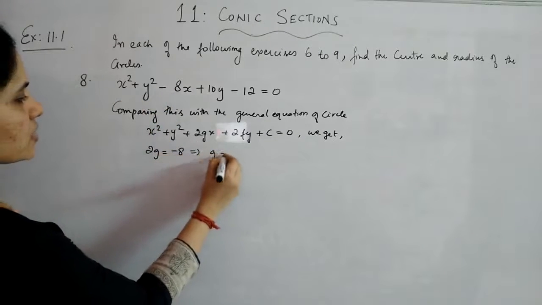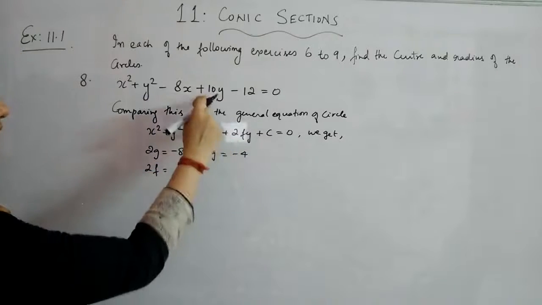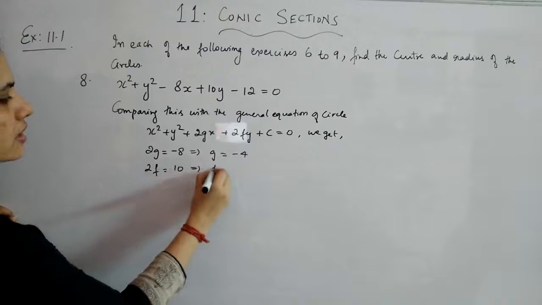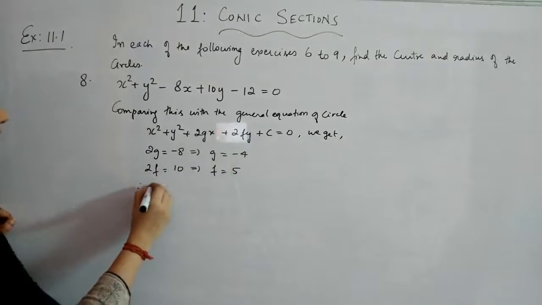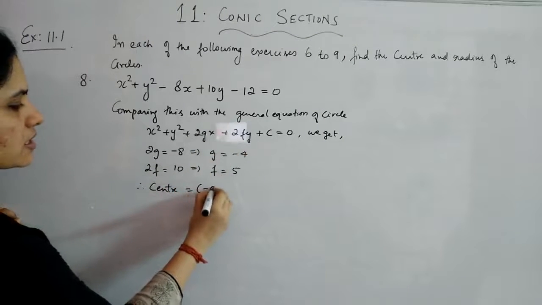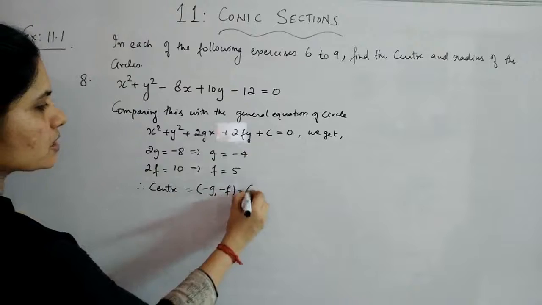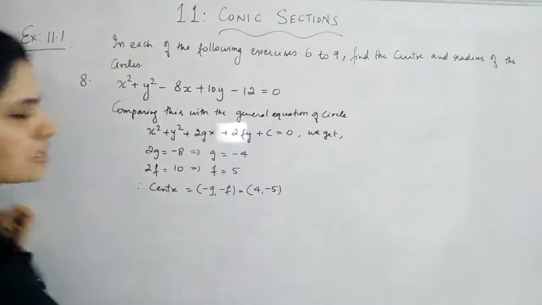So this will give you g as minus 4. Now 2f, coefficient of y, is equal to 10. So you'll get f is equal to 5. Therefore, you can write the center as, what is the center for this form? Minus g comma minus f. You will get minus of minus 4, that is 4 comma minus 5, is the center.